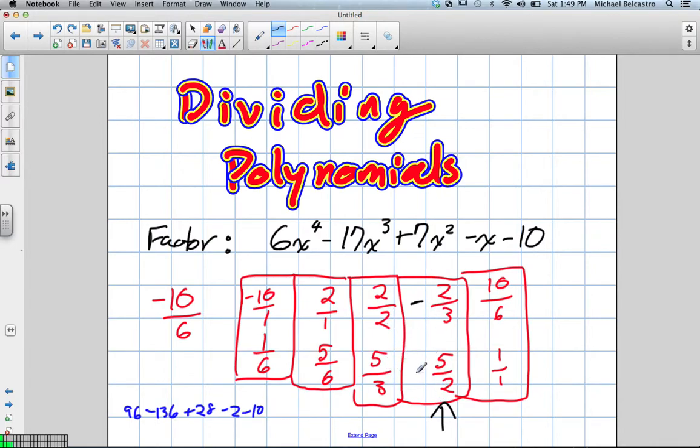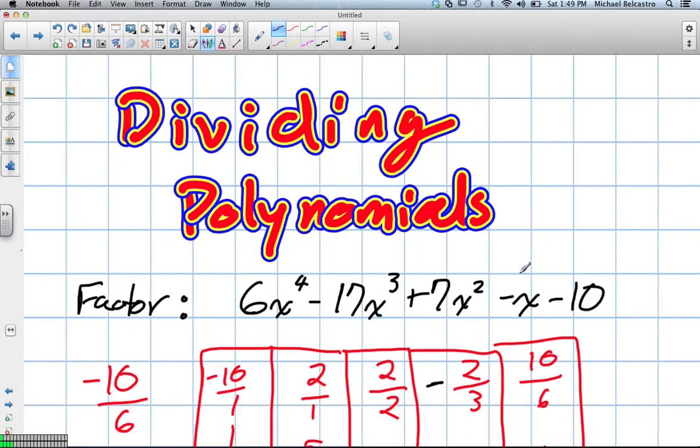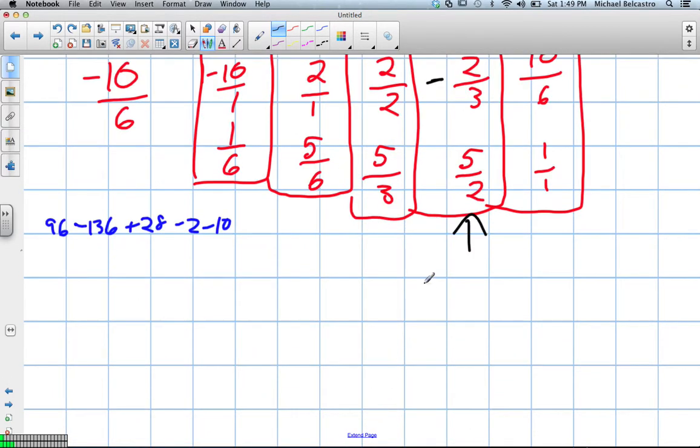So now that we have this, what we're going to do is create a quadratic out of that pairing. Okay, so I'll scroll down. And the way I'm going to create a quadratic out of this pairing is think of it like this. We have x. Because that was minus 2 over 3, it becomes plus 2 over 3.